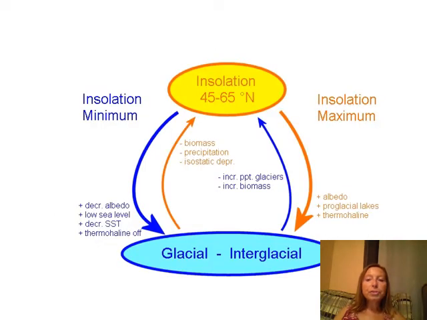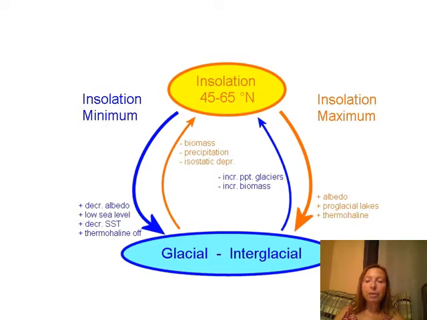The changes in the solar radiation caused by Milankovitch cycles might be quite small, but they're sufficient to trigger the initial change. The rest is happening because of the positive feedbacks that are the integral part of the climate system.